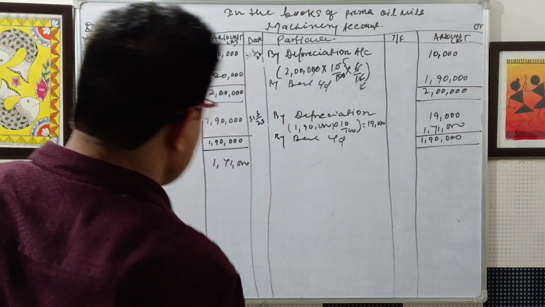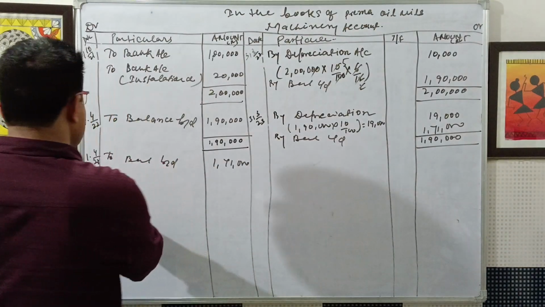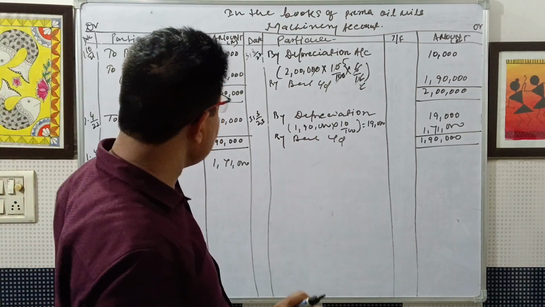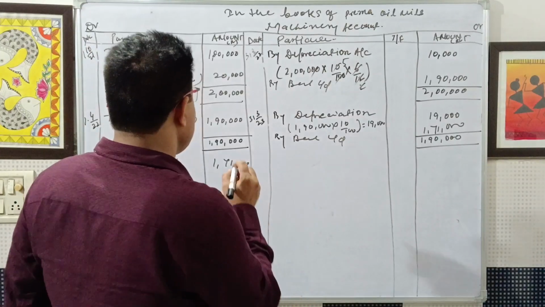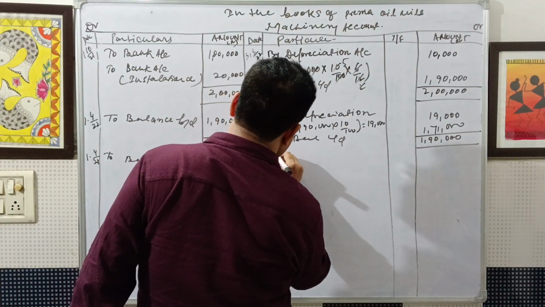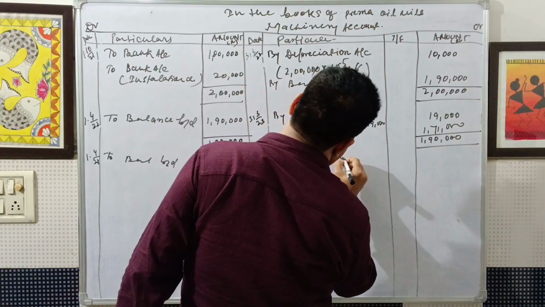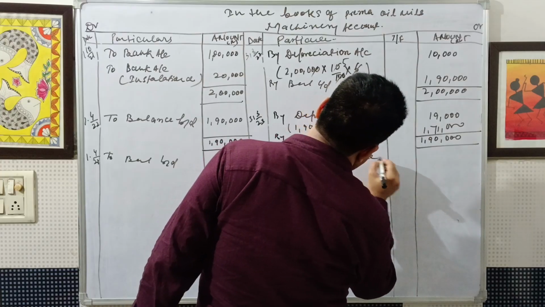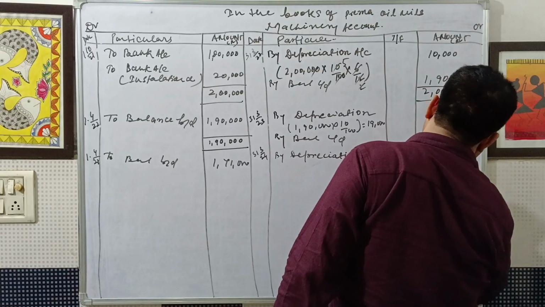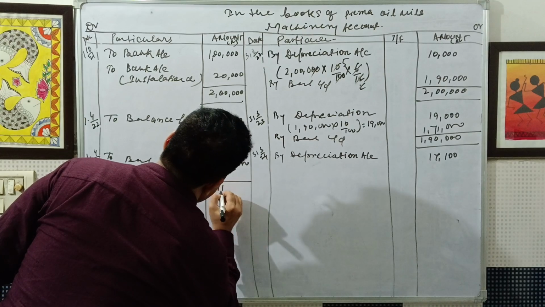Now 1,71,000. On 31st March 24, again by depreciation account, how much? 17,100.